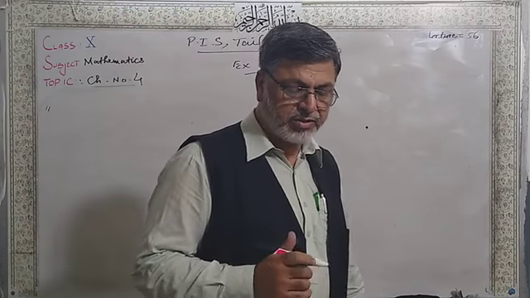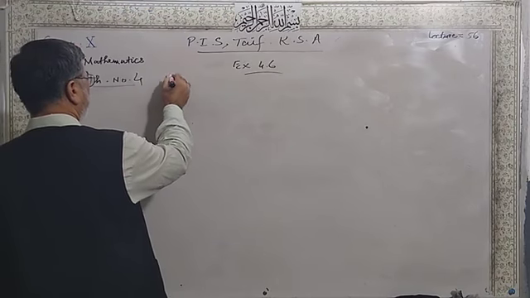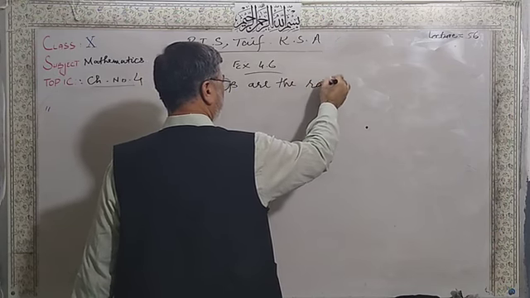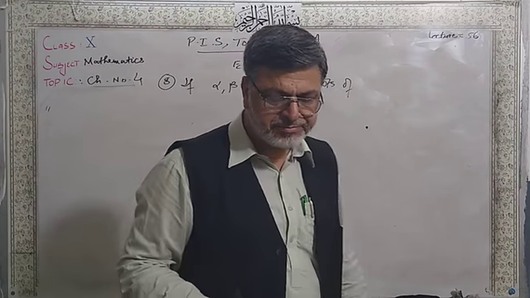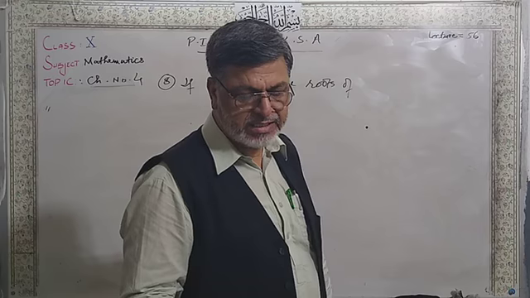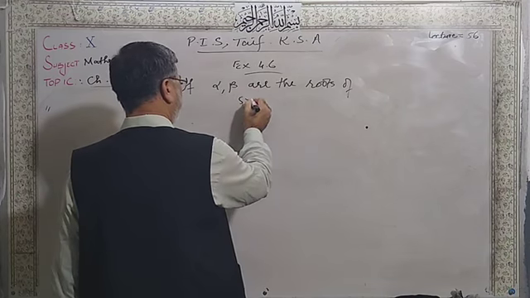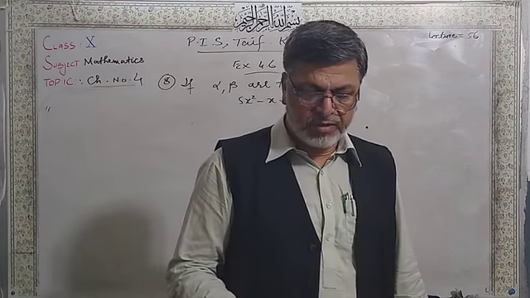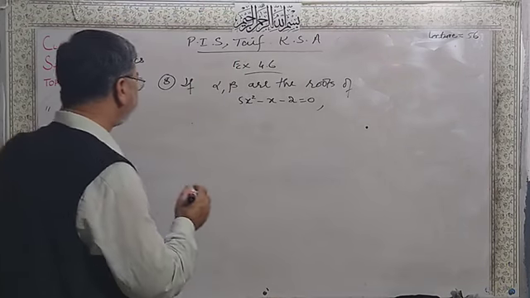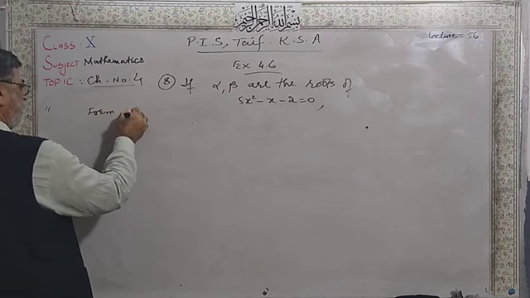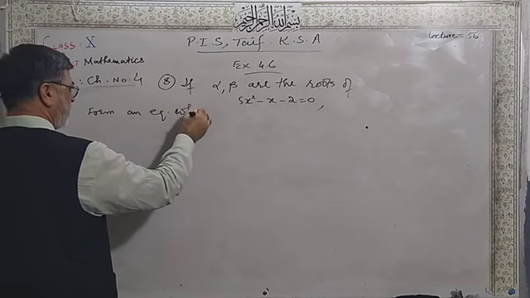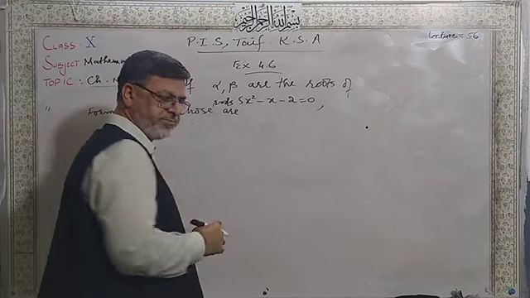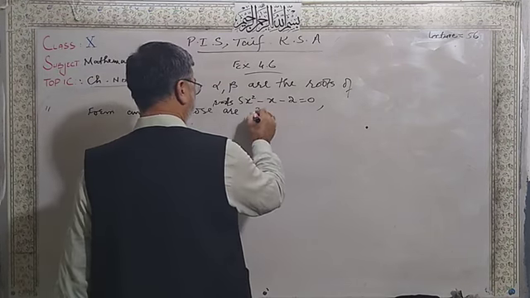If alpha beta are the roots of the equation 5x square minus x minus 2 is equal to 0, then form an equation whose roots are 3 over alpha and 3 over beta.